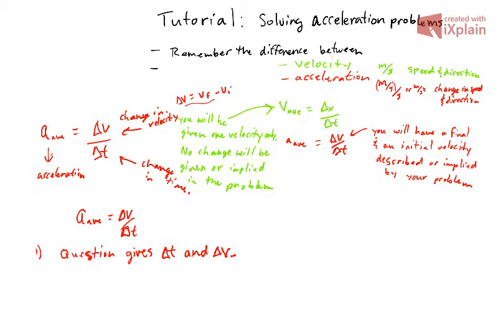In this case, you just divide delta v by delta t, and of course the units of this are going to be meters per second squared, or meters per second per second.